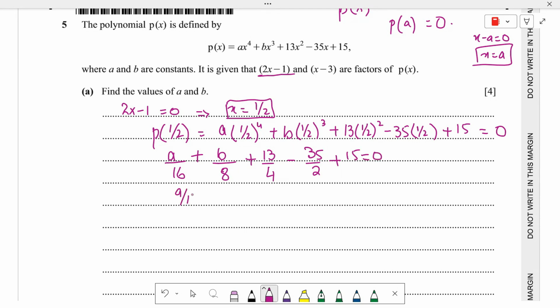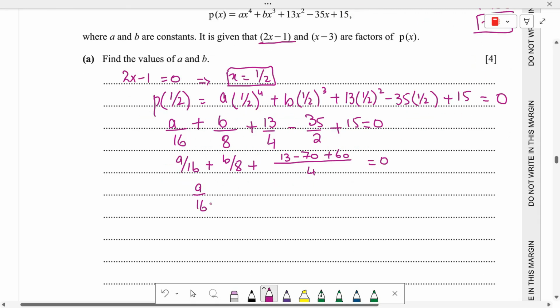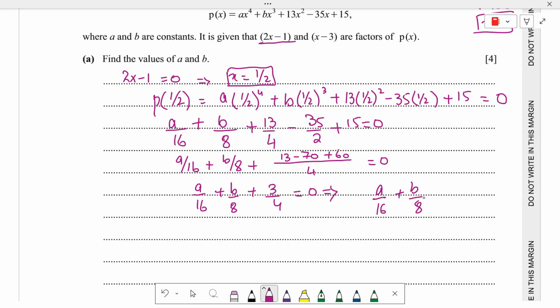So we have a over 16 plus b over 8, and with a common denominator of 4, 13 minus 35 times 2, which is 70, and 15 times 4, which is 60. This gives a over 16 plus b over 8 plus 3 over 4 equal to 0. This implies that a over 16 plus b over 8 is equal to negative 3 over 4.